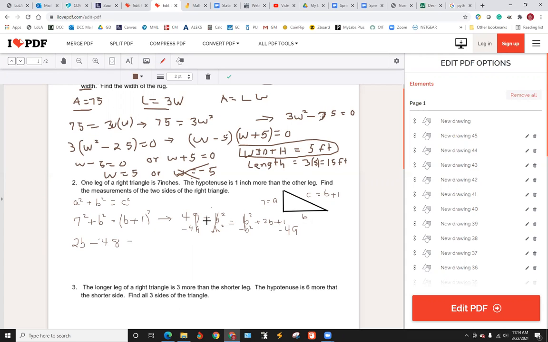And then this is all 0, so I'm just turning it around. So that's 2b is equal to 48. Add 48 to both sides. And then divide by 2.